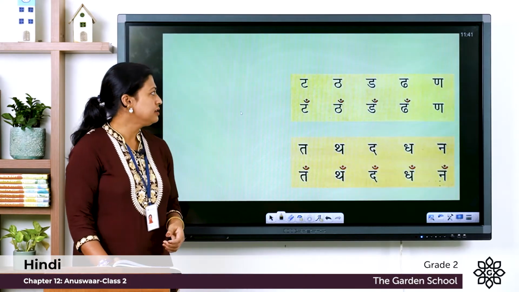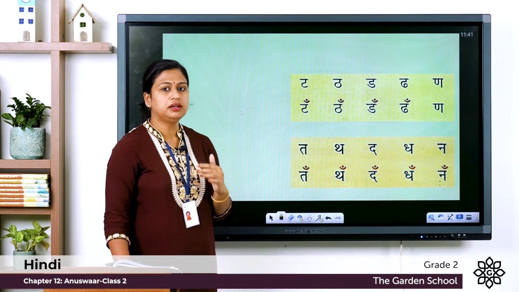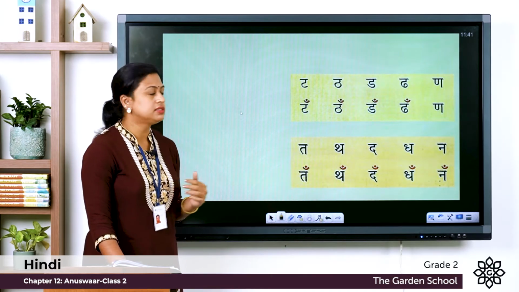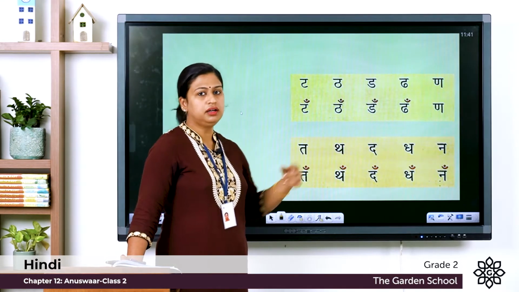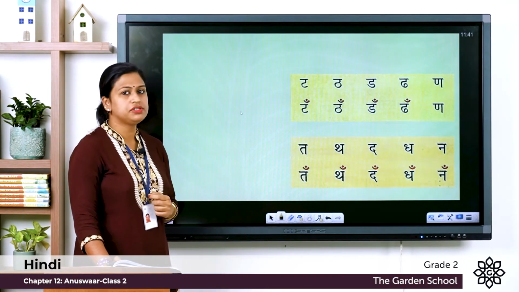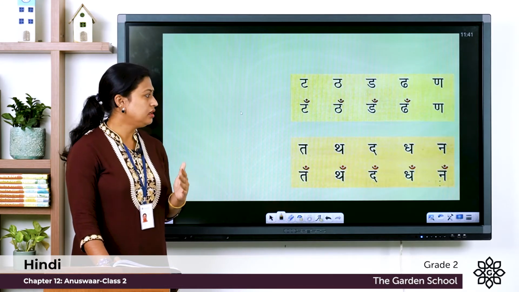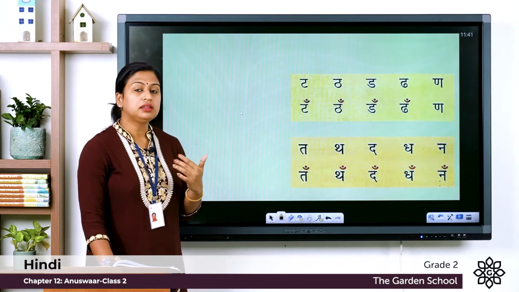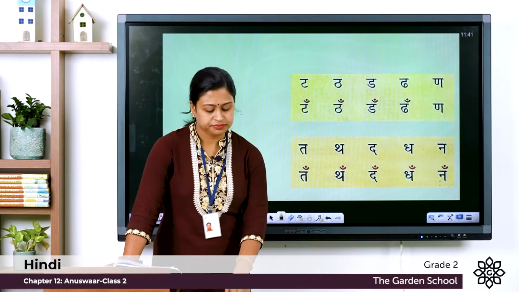Next set of Vyanjan letters, Ta, Tha, Da, Dha, Na. And when we add this symbol, it sounds Ta, Tha, Da, Dha, Na.